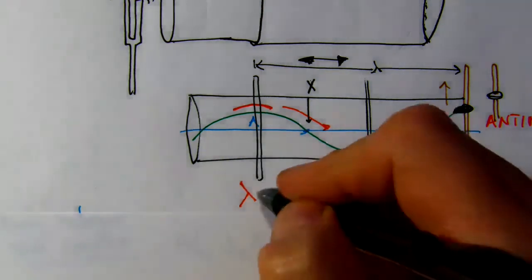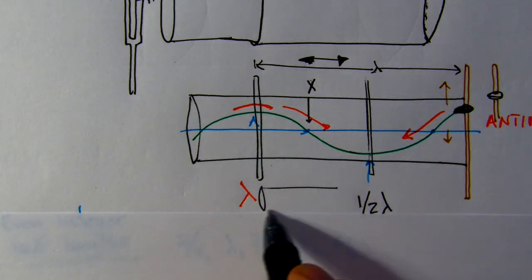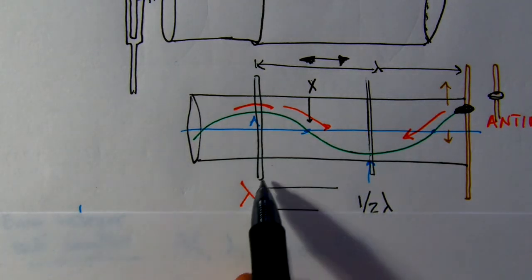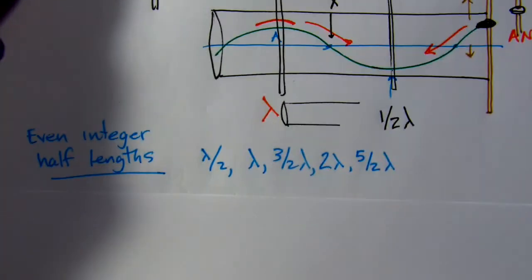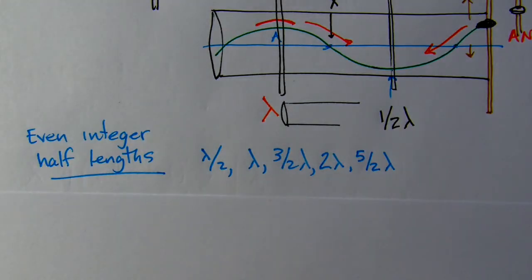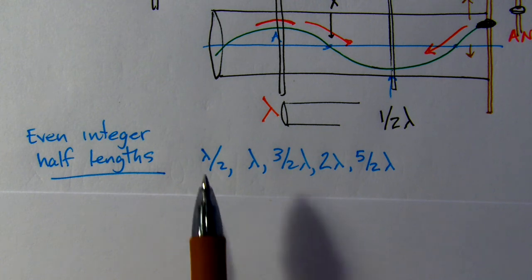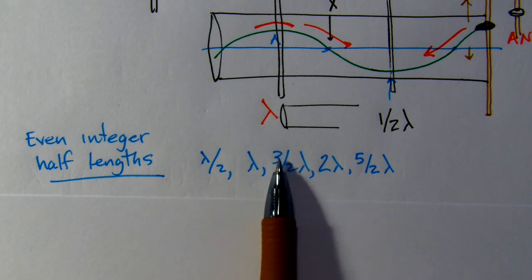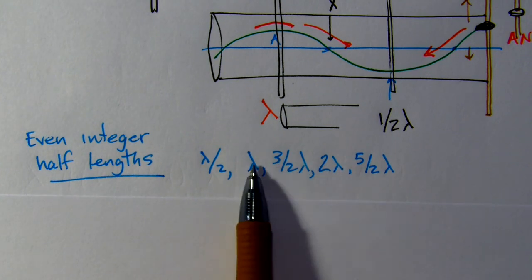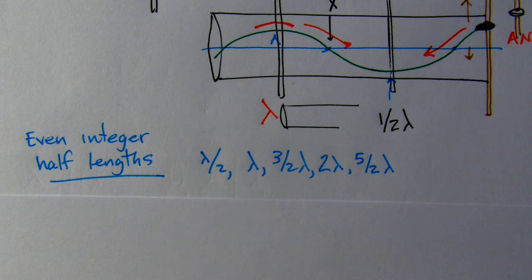If we had the tube, it would be here, and then we'd hear the sound. So for open tubes we use what are called even integer half lengths, right? So half lambda, full lambda, 3/2 lambda, and so on. Those do actually consolidate. All right, so let's do one more thing before we wrap this up.